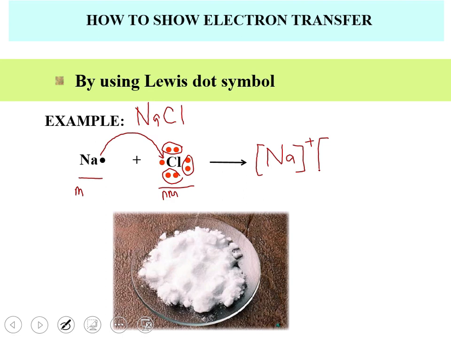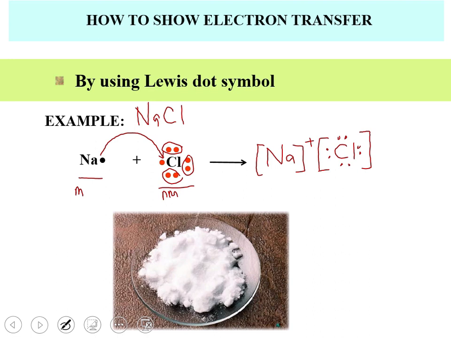So put the bracket on Cl. Bracket means the ownership of the electrons. So it has dot, dot, dot, dot, dot, dot, dot, the original 7 electrons. Gain 1 electron, so now Cl has 8 electrons.